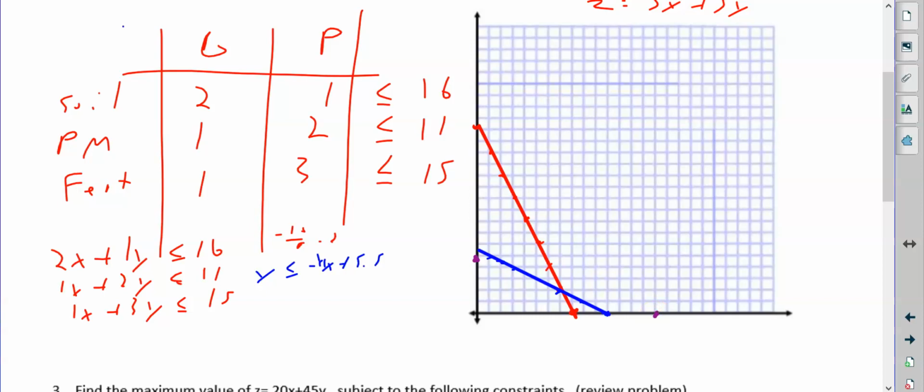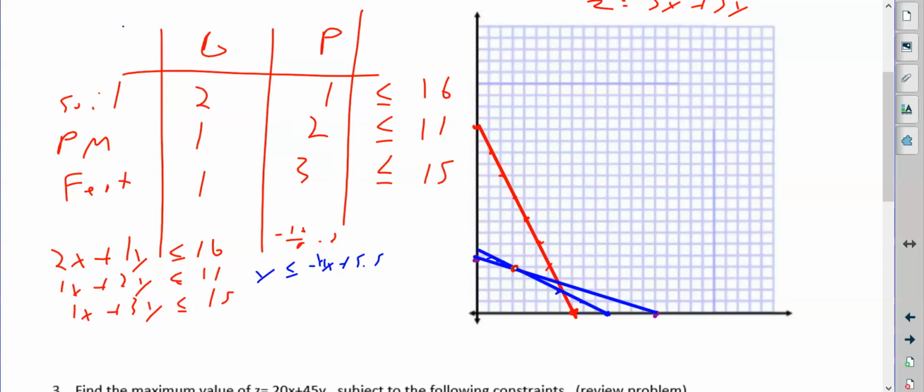And I'm going to connect 5 and 15. That should have been up a little higher. Okay, that's a toughie one because you can see how it's hard to tell where they cross. But it's right here at 3, 4.